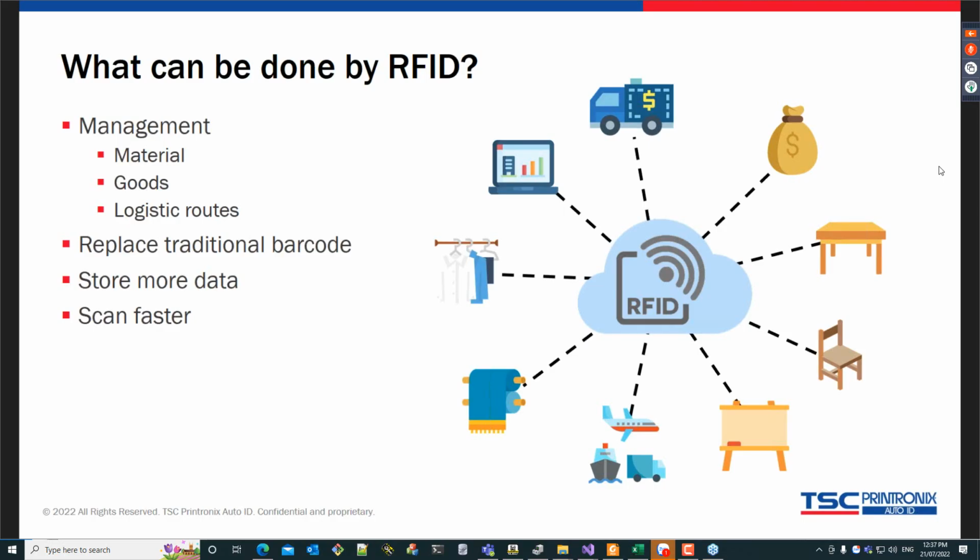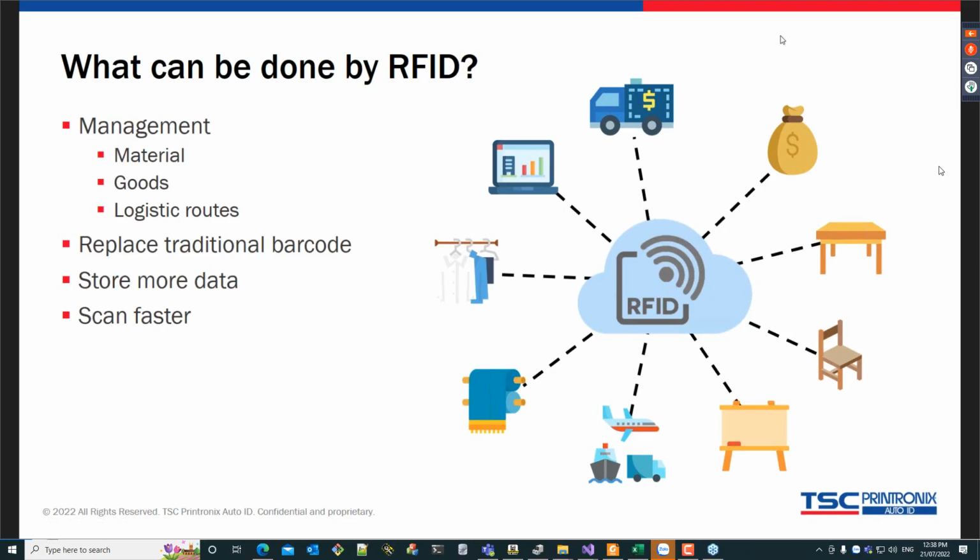And also, with the RFID tags, we can replace the traditional barcodes, because the RFID tags can store more data than the traditional barcodes. And also it can scan faster and wider, or even from farther away than the barcode. So this means that RFID is more valuable than the traditional barcode.